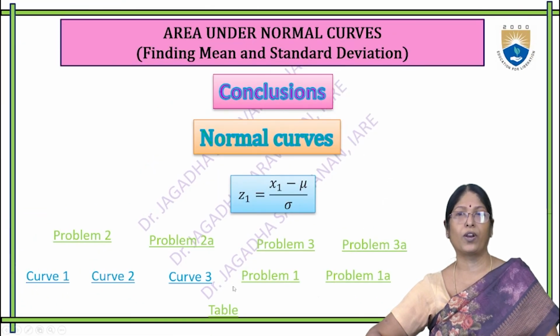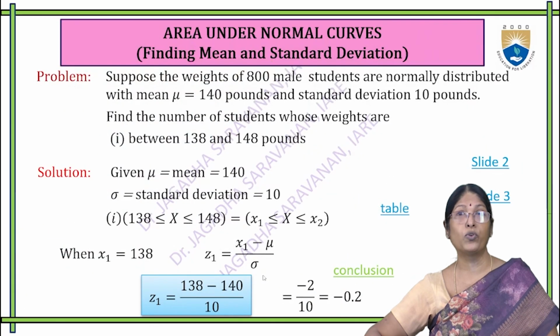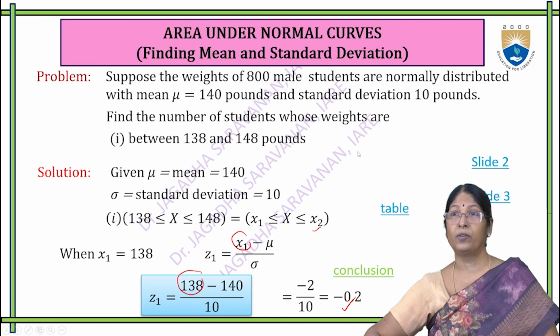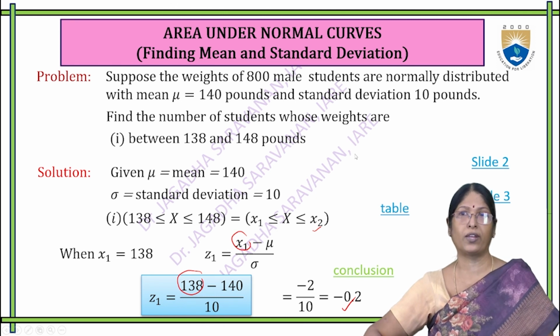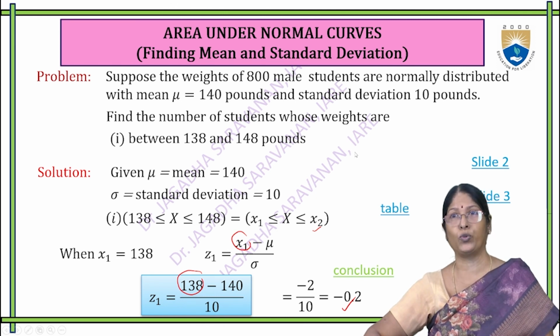So there are 3 different ways, and we moved to problem 1. Even in the topic of mean and standard deviation not being given, we first did the initial stages. If they are given, how to solve it, the problem we took makes students understand more. And if they are not given, how to go about it.